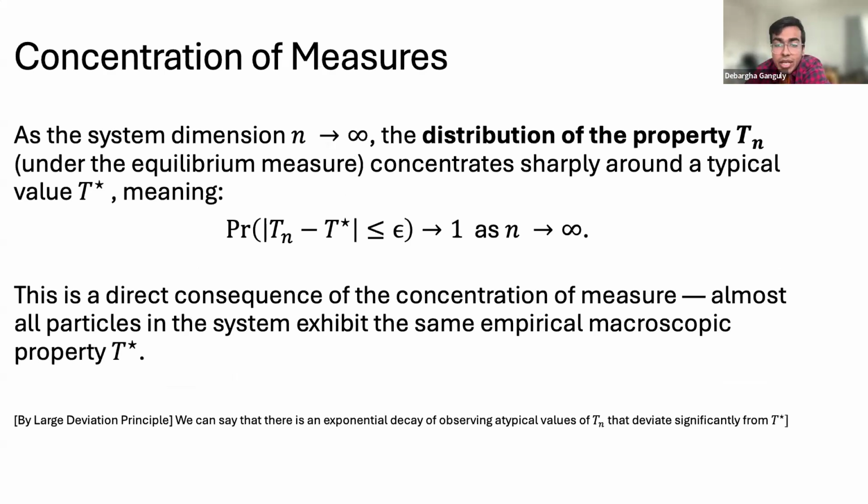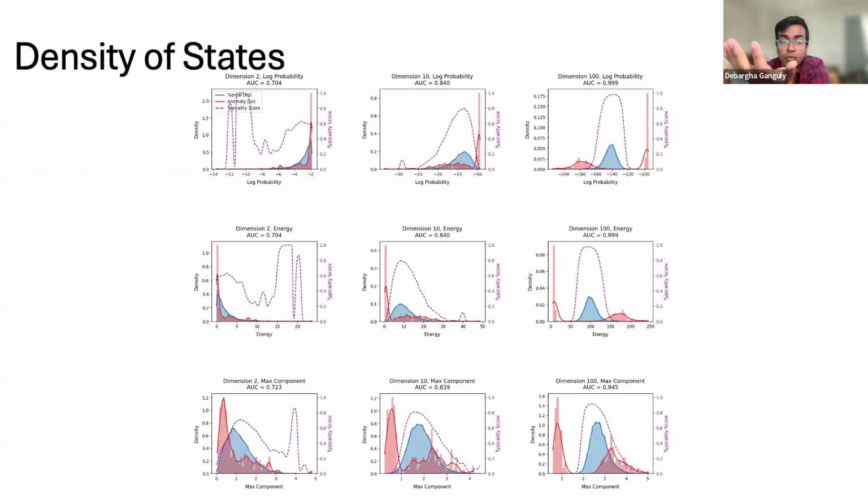With concentration of measure, what this property says is that as the system dimension n approaches infinity, the distribution of the property T of n, which is the scalar property that we calculated, under the equilibrium measure, concentrates sharply around the typical values of T. Let me show you what that looks like using the graphs we were looking at earlier. We're calculating three different metrics: log probabilities, energies, and max components.